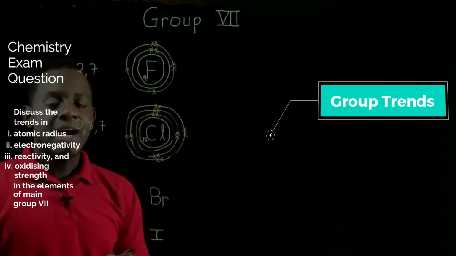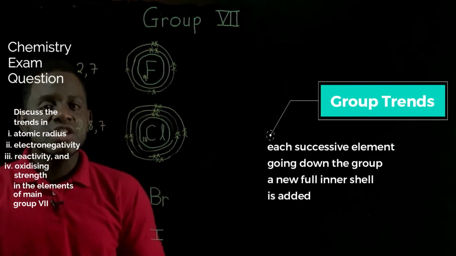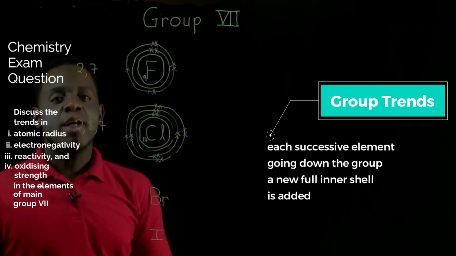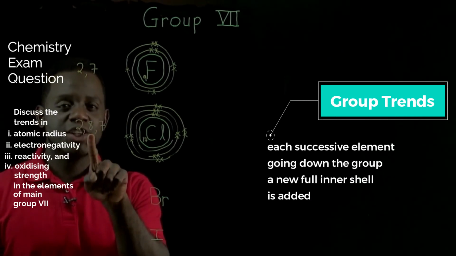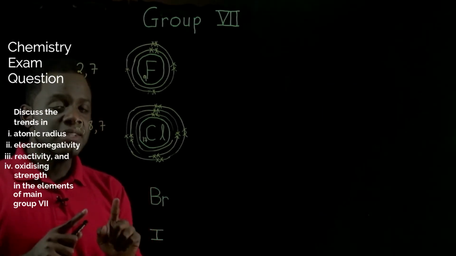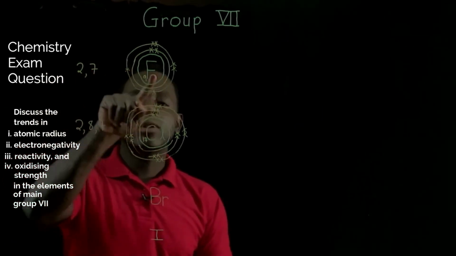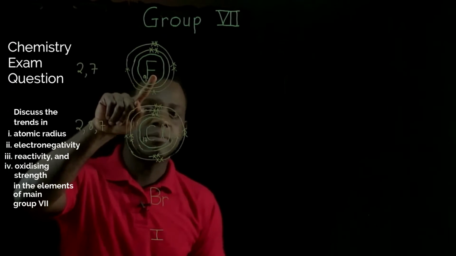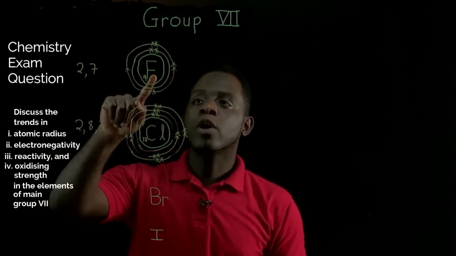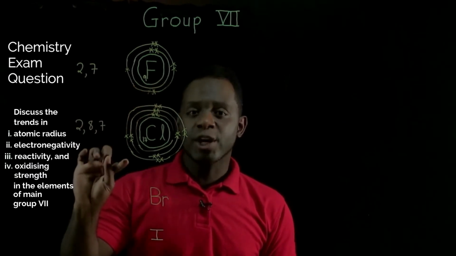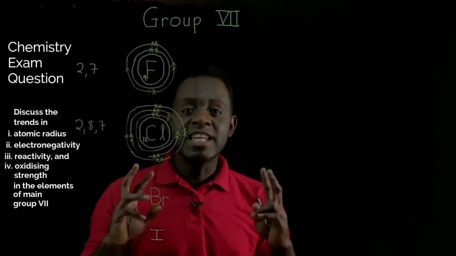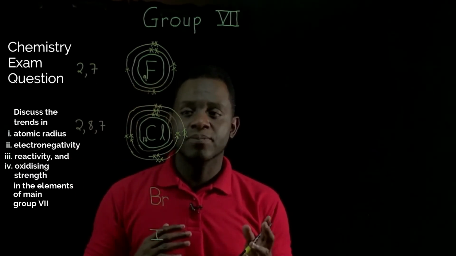As we go down the group with each successive element, there is an addition of a new full inner shell. That means the attractive pull of the nucleus of these atoms for the valence electrons gets weaker because there is interference in the attractive pull.